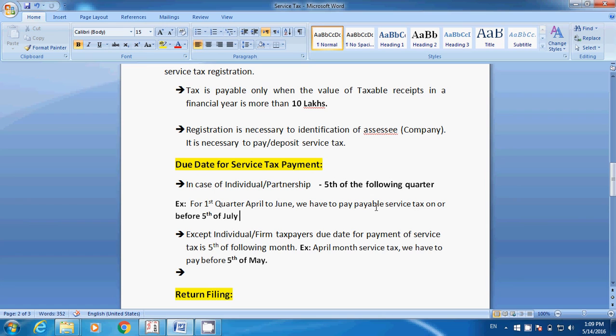Except individual and firm taxpayers, for private limited companies, the due date is the 5th of the following month. Say for April month service tax, we have to pay before the 5th of May. For companies, we calculate monthly and pay the amount next month. In case of firms, we pay quarterly.